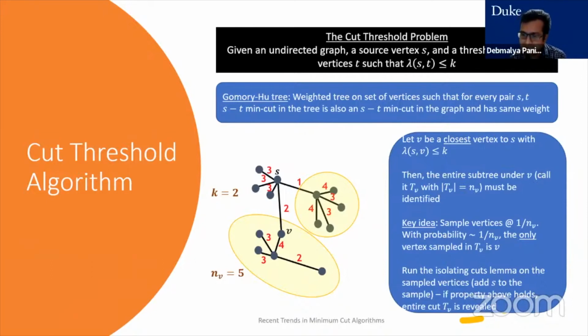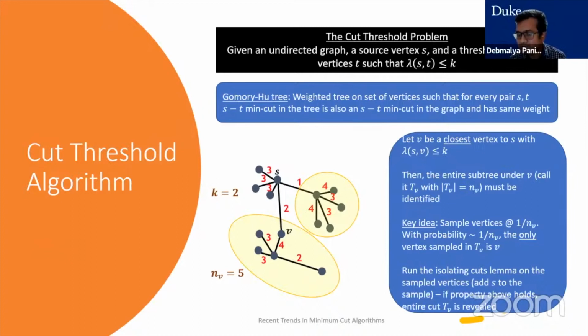Now, the key idea is the following. Suppose I sample vertices at rate 1 over n sub V. If I do that, then with constant probability, I'll choose exactly one vertex from this entire subtree T sub V, because T sub V has n sub V vertices. Now, what is the probability that this specific vertex that I sample is actually the vertex V itself?